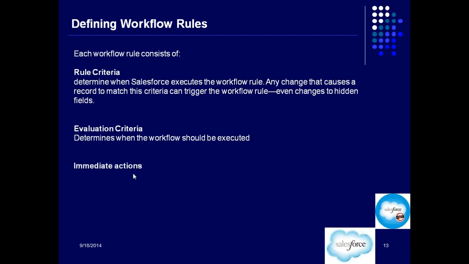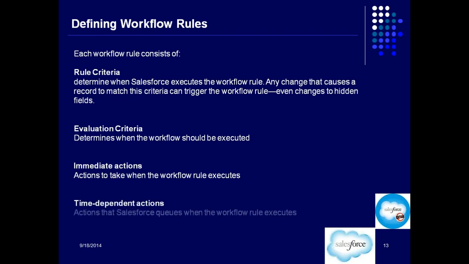Then immediate actions of the workflow. So actions, what all 4 actions can be done, I have shown you just now, in the previous slide. Immediate actions are the actions to take when the workflow rule executes. Time dependent actions are actions that Salesforce queues when the workflow rule executes. So time dependent actions can be delayed actions.